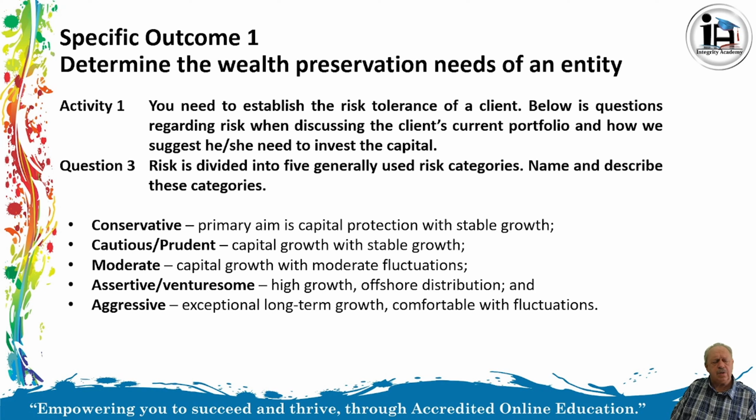Your cautious or prudent strategy is capital growth with stable growth. Moderate is capital growth with moderate fluctuations. Then you get your assertive or venturous style, which is high growth with offshore distribution, and then aggressive, which is exceptional long-term growth, but you are comfortable with the fluctuations.